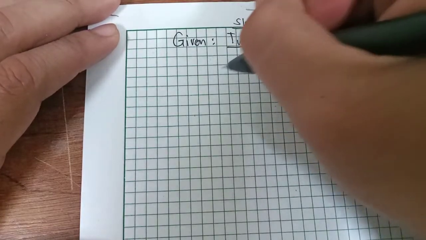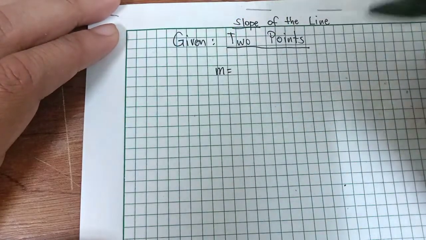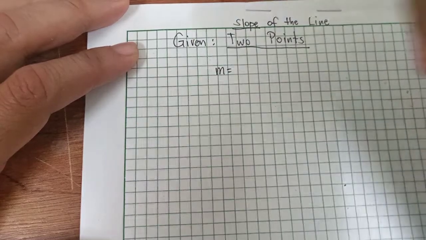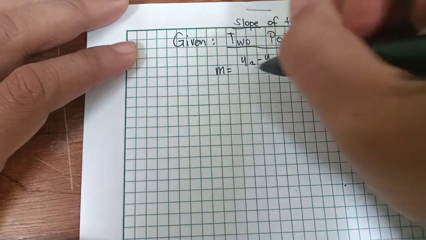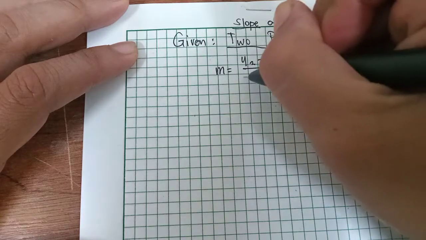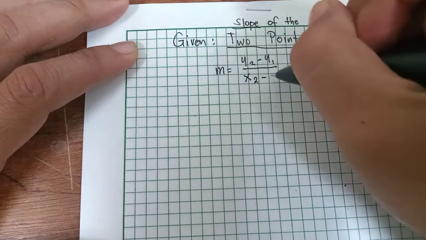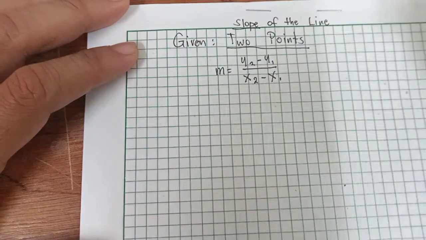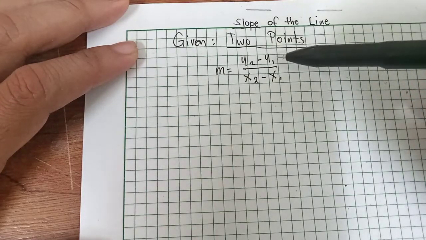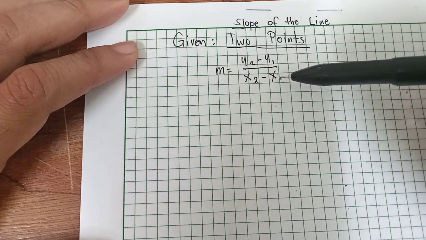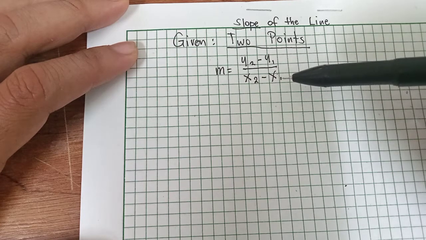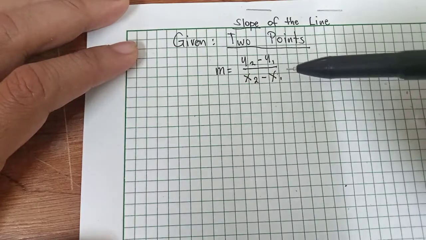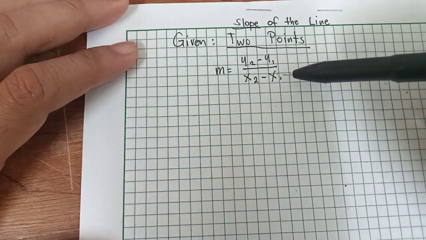So that is m stands for your slope, y sub 2 minus y sub 1 all over x sub 2 minus x sub 1. Or basically, this is the change in vertical distance over the change in horizontal distance, or the change of y over the change of x. Or if we're going to use the graph, we will have it the rise over run.